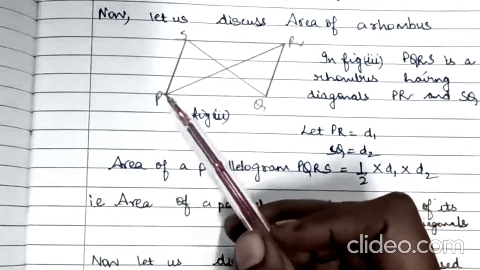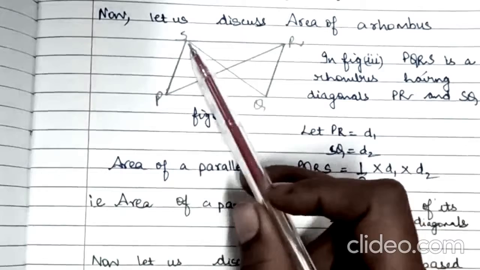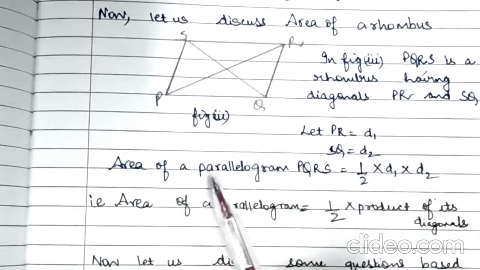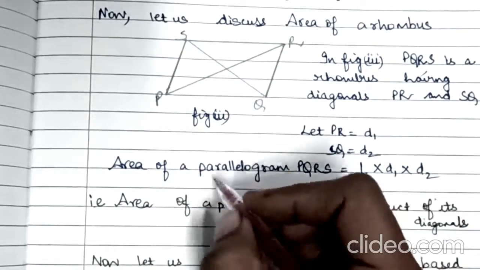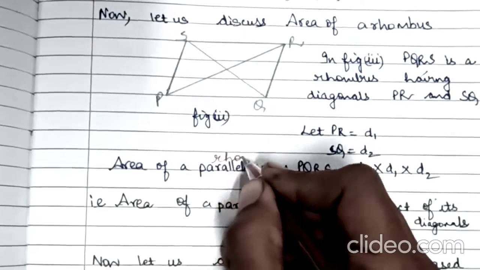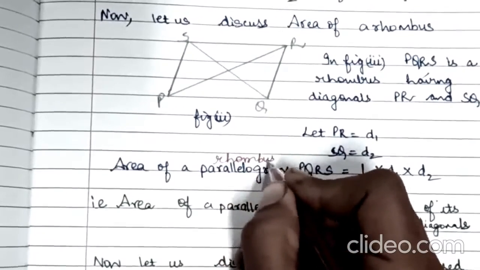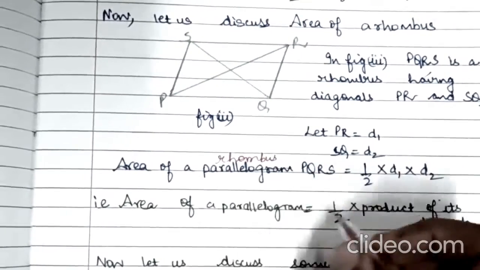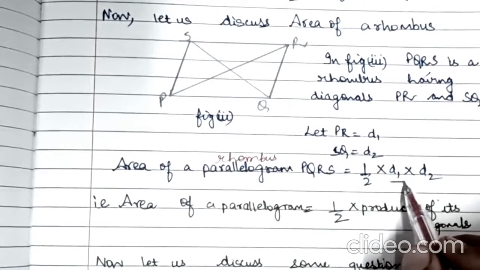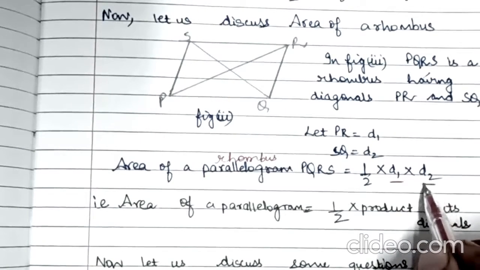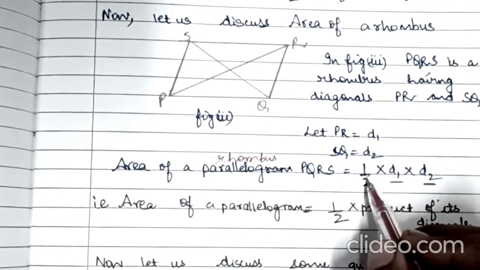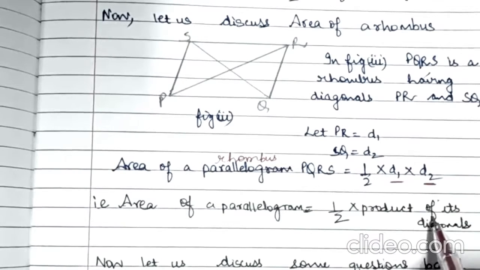So if in a rhombus 2 diagonals are given, the area of the rhombus will be equal to half into diagonal 1 into diagonal 2, that is, half into the product of its diagonals.